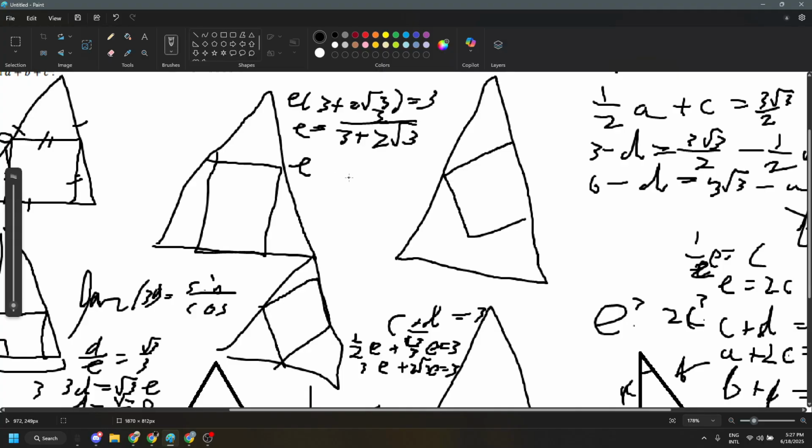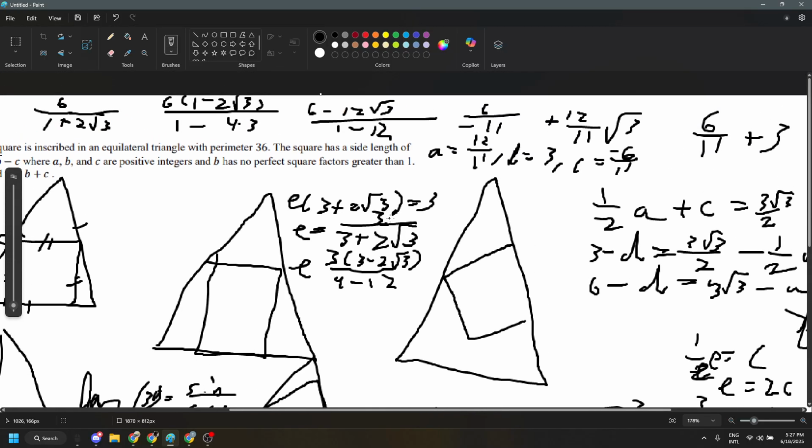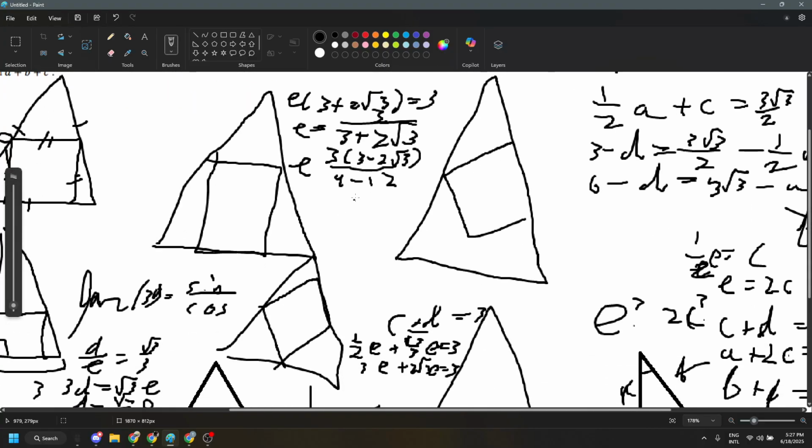Now we need to take the conjugate, so we have 3 times (3 minus 2√3), and then it's just the square, so it's 9 minus 12, which is 3, so it's just 3 minus 2√3.